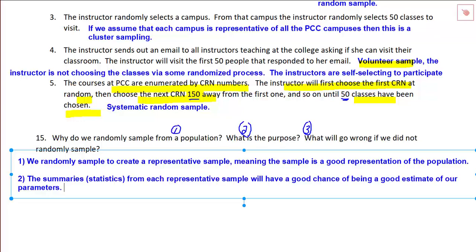I was going to say population parameters, but that's kind of overkill. A parameter is from a population. So that's really the reason.